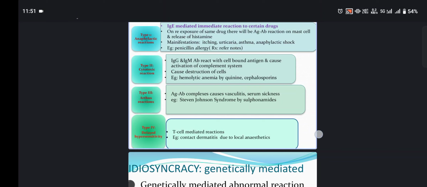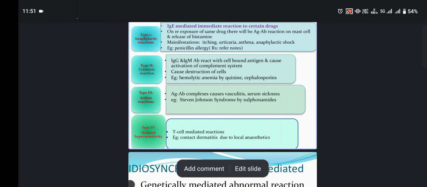They have already released histamines, and those reactions will start up. The antibody reacts with the drug and manifests as itching, asthma, anaphylactic shock, etc.